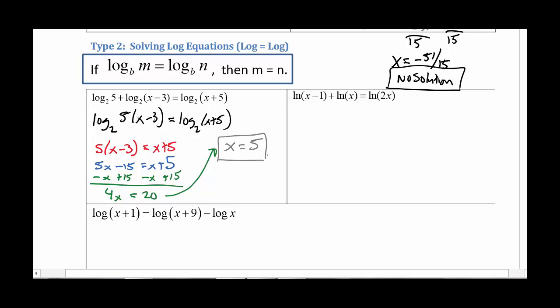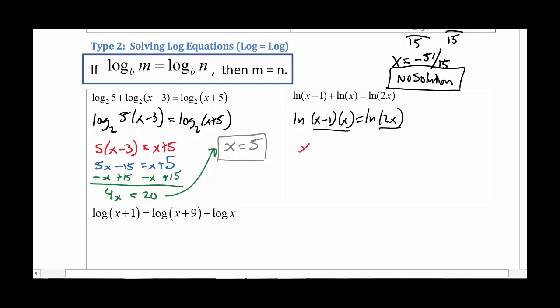In the next example, we've got ln of x minus 1 plus ln of x equals ln of 2x. So I want to rewrite that as a product. So ln of x minus 1 times x equals ln of 2x. And now that I got the outers to match, I want to set the inners equal to each other.